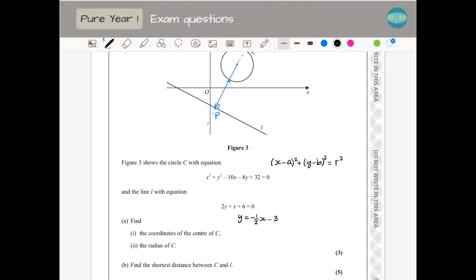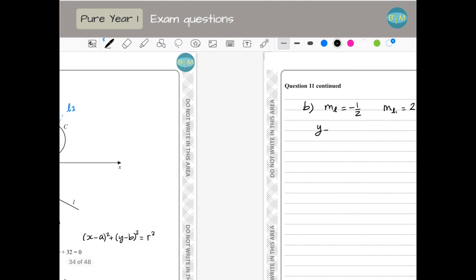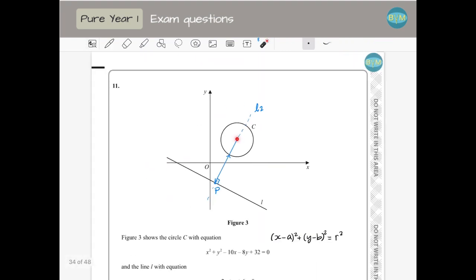So for B, the gradient of L is minus a half, which means the gradient of the normal one, that I call L1, is the reciprocal and negative, or sign changed. So the equation of the line is y minus the y of the point, and I know this point here is 5, 4 because it's the center of the circle.